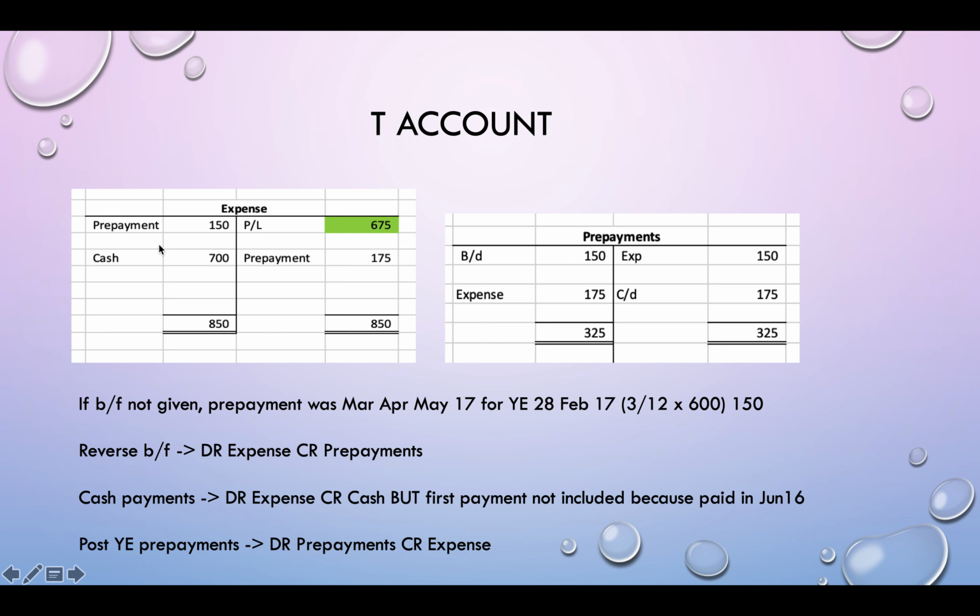So instead of putting prepayments here, you can put brought down and carried down here, just like our prepayments account. It is a quicker way for the exams, but if it's a bit confusing, then you can just go back to the first method, which is the real method that you normally need to use.